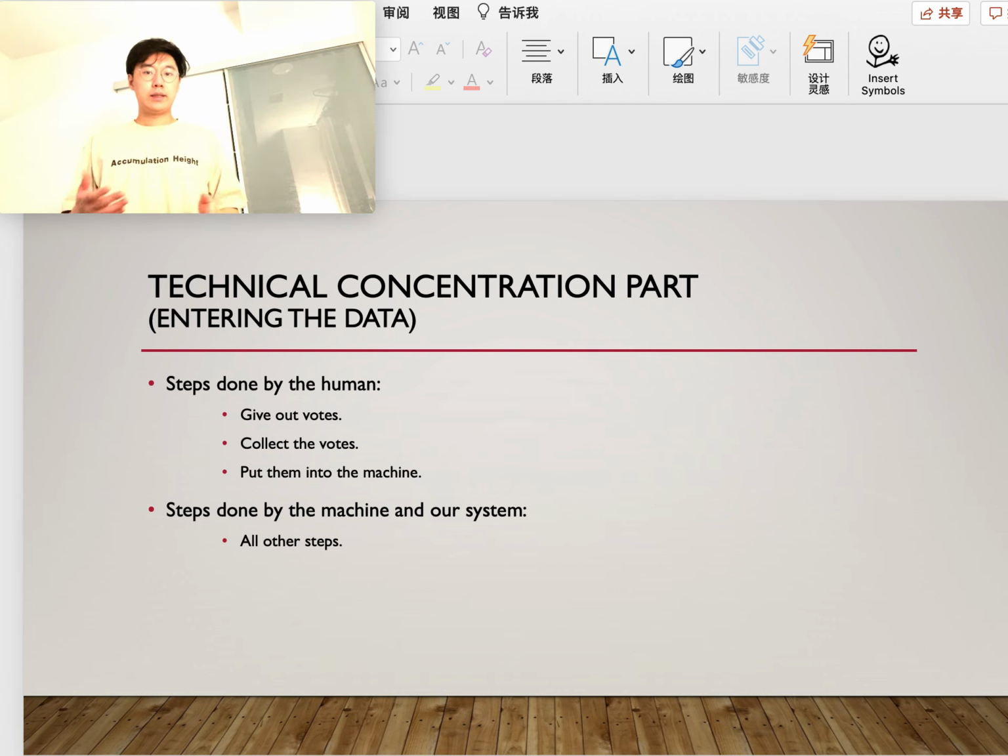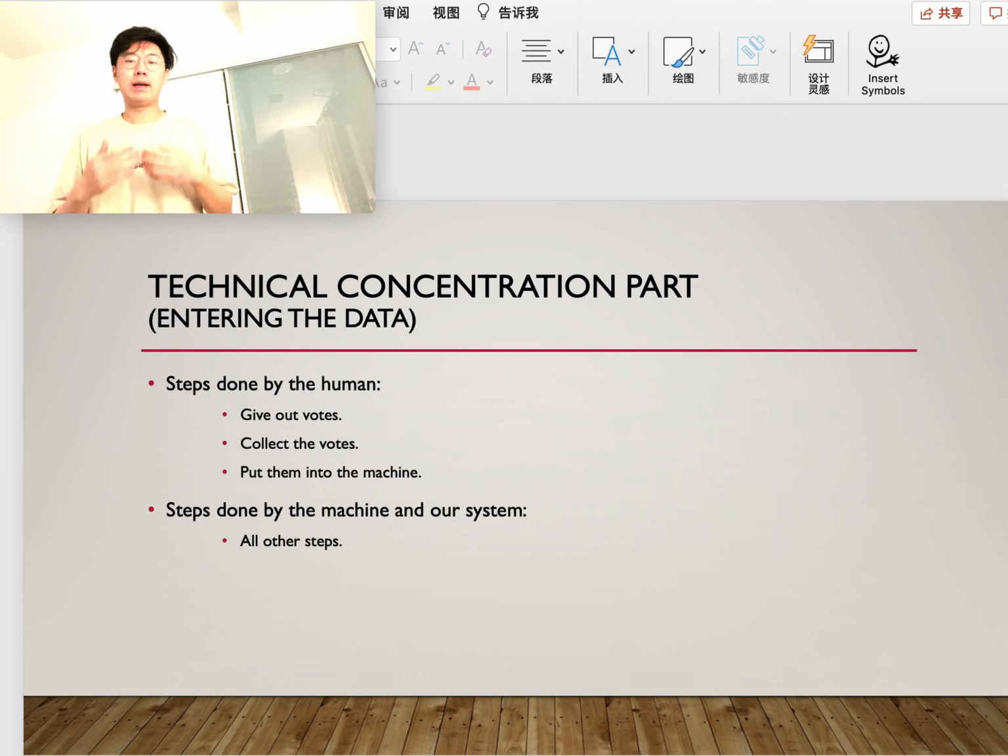We all know that if we use traditional paper votes, it is a real waste of time and human resources, because we need to give out the paper votes, collect them by hand, and enter the data by ourselves.